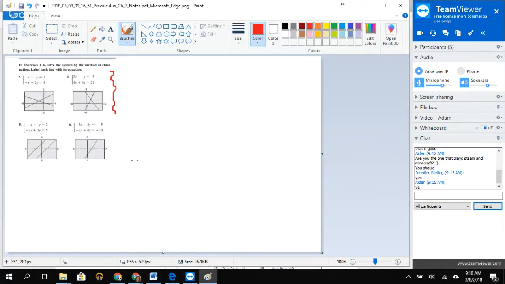Okay, so in number 4, we have 2x minus y equals 3, and we have 4x plus 3y equals 21.